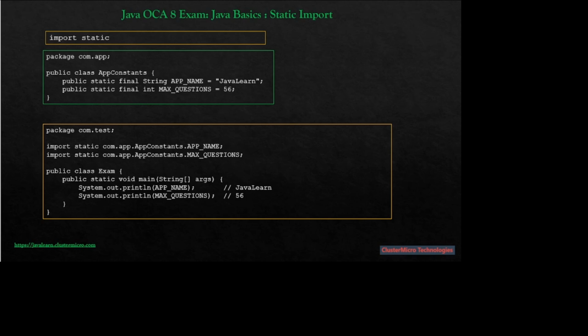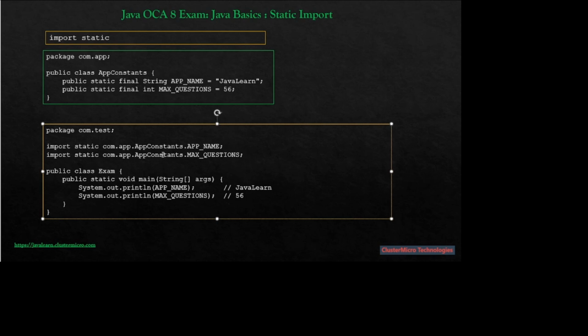Without static import, say you have a class called AppConstants. It has a public static final String APP_NAME, a final and static variable, and another static variable, MAX_QUESTIONS. Now you are importing both, APP_NAME and MAX_QUESTIONS, with import static, followed by the class name.